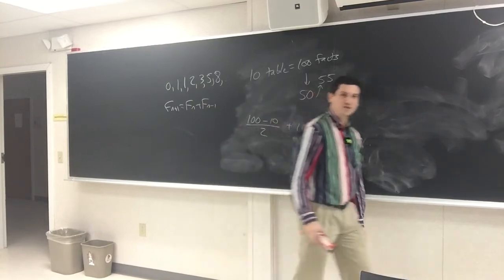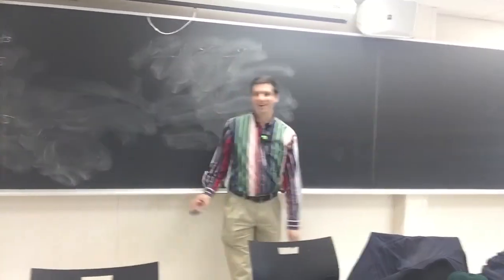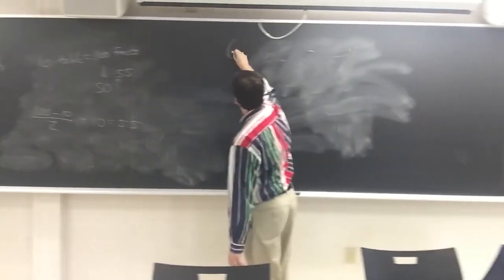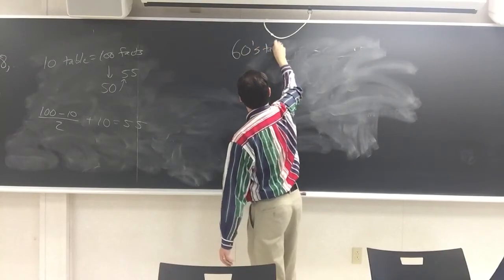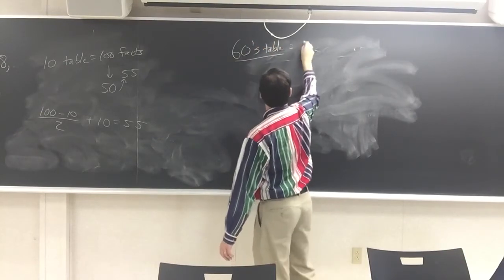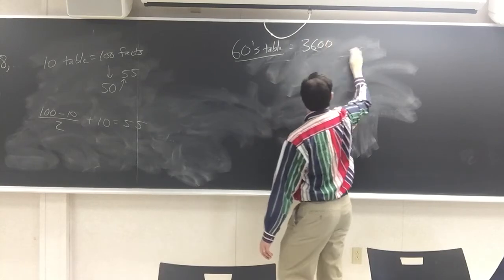Right? Imagine you're an ancient Babylonian. You have your 60s table. So naively, you might think 3,600 facts.